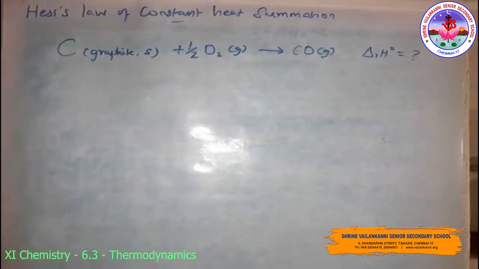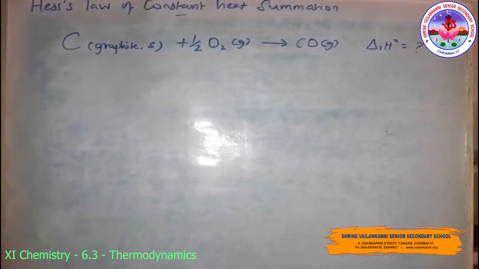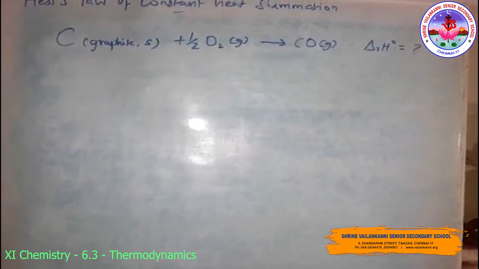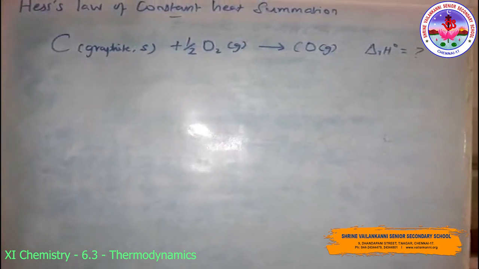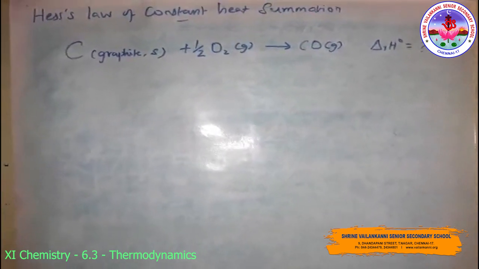Look at this, Hess's law of constant heat summation. We know that enthalpy is a state function. Therefore the change in enthalpy is independent of the path between the initial state and the final state, that is, reactants and products. In other words, the enthalpy change for a reaction is the same whether it occurs in one step or in several steps.